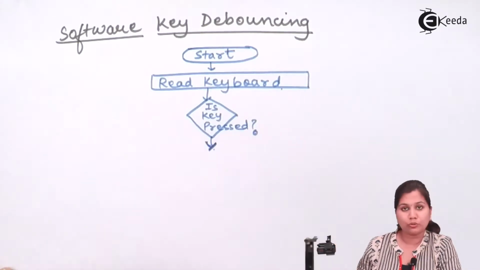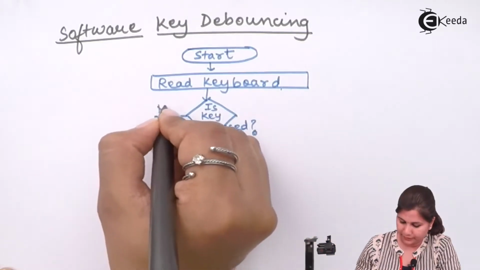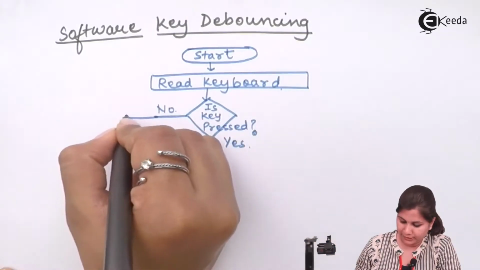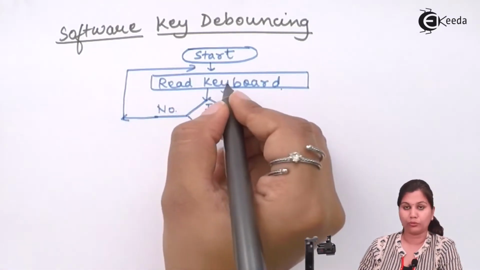Then there can be two conditions: either the key is pressed or the key is not pressed. If it is not pressed, then it is going to read the keyboard again.